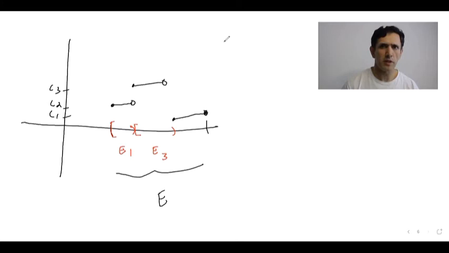Not starting this video off too well, but this would be E_1 if this is c_1. If this is c_2, this would be E_2. If this is c_3, this would be E_3.